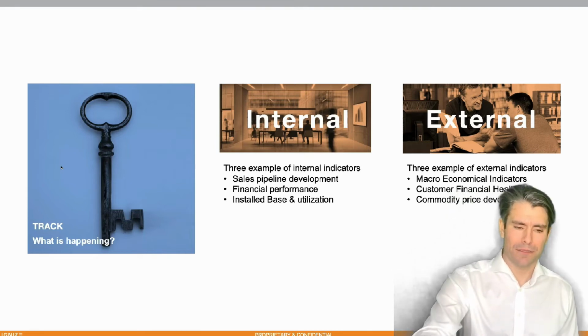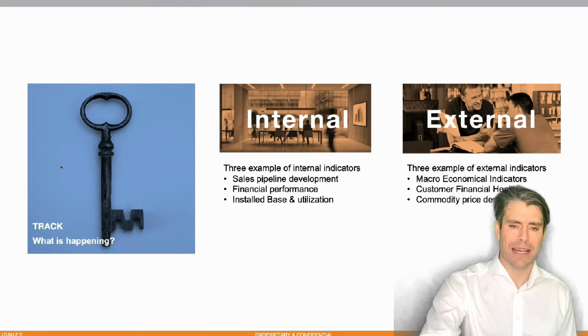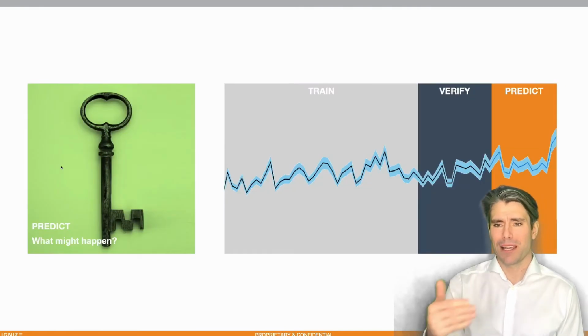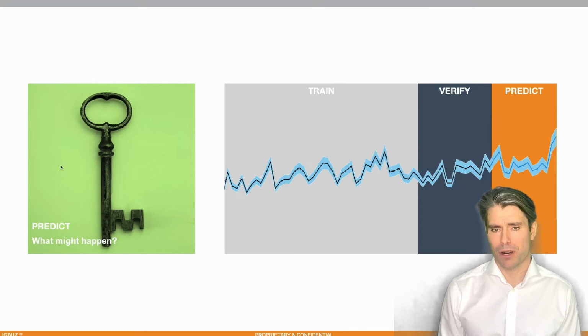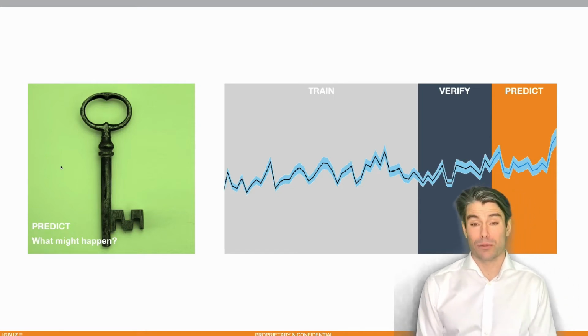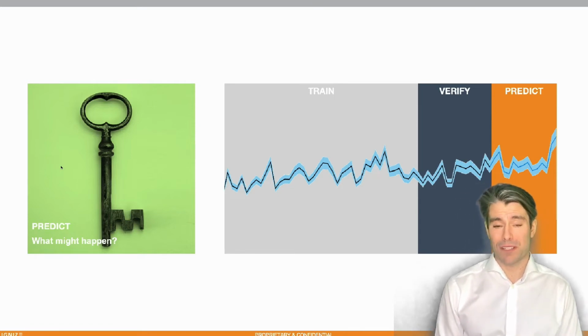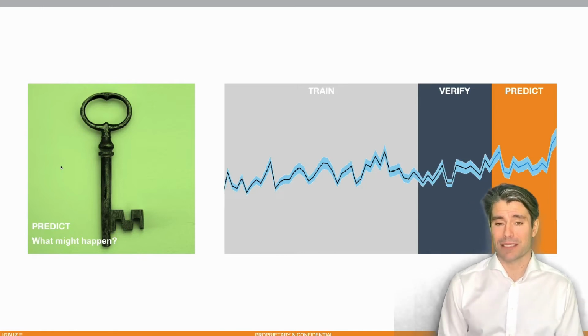So track allows us to understand what is happening, and it's a prerequisite for moving on to start to model and predict the likely development of your market, and also to drastically improve the efficiency and effectiveness when you're doing your financial planning.